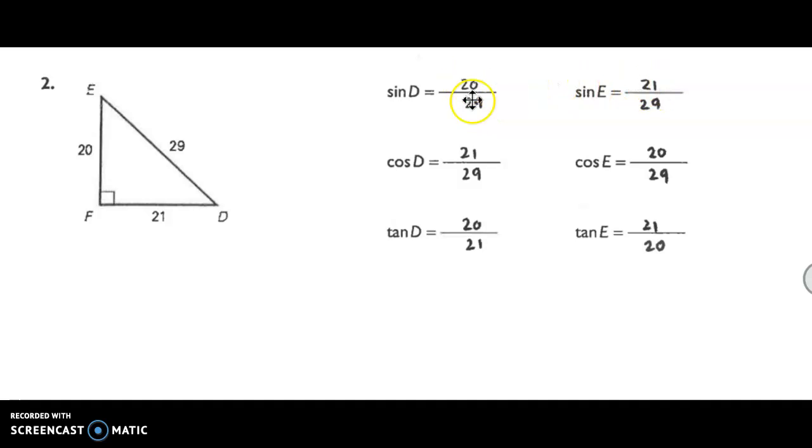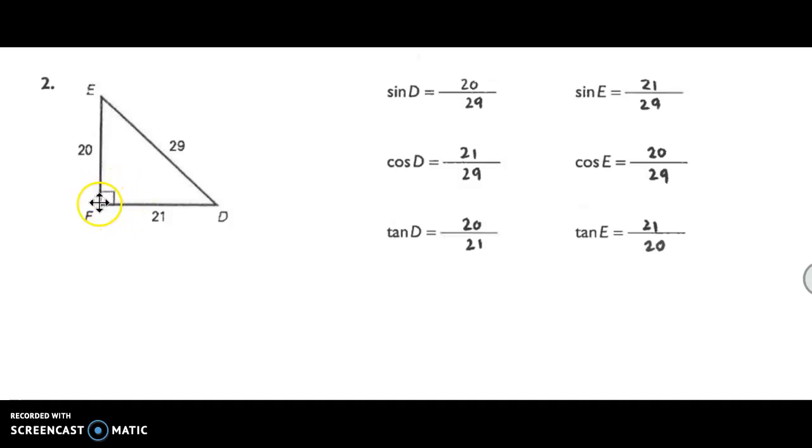Okay. And then you do sine, cosine, and tangent. All right. Sine of E. Now from the perspective of E, right, the side opposite is 21 over the hypotenuse 29. Okay. Now why don't we do sine of F? This is something you'll get into in pre-calculus, when you take that class.